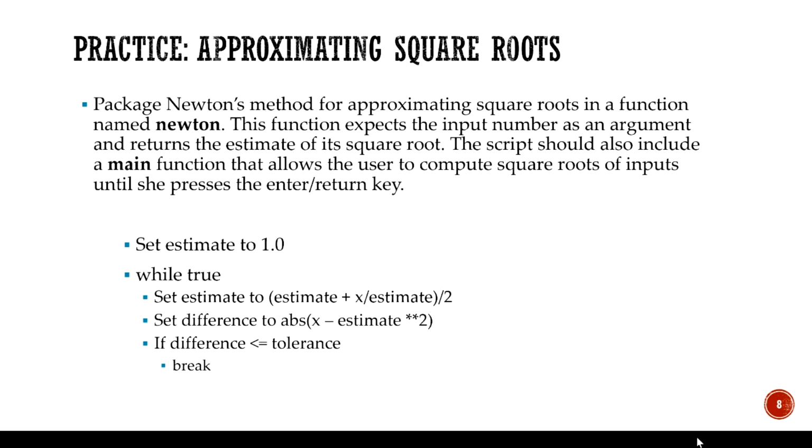And then we calculate the difference. So we define another variable named difference, which is the absolute value of x minus estimate raised to 2. Now, this is an iterative algorithm, and we define a tolerance, and we compare that difference. If it is equal or less than the tolerance, then we stop. So you see the break statement.